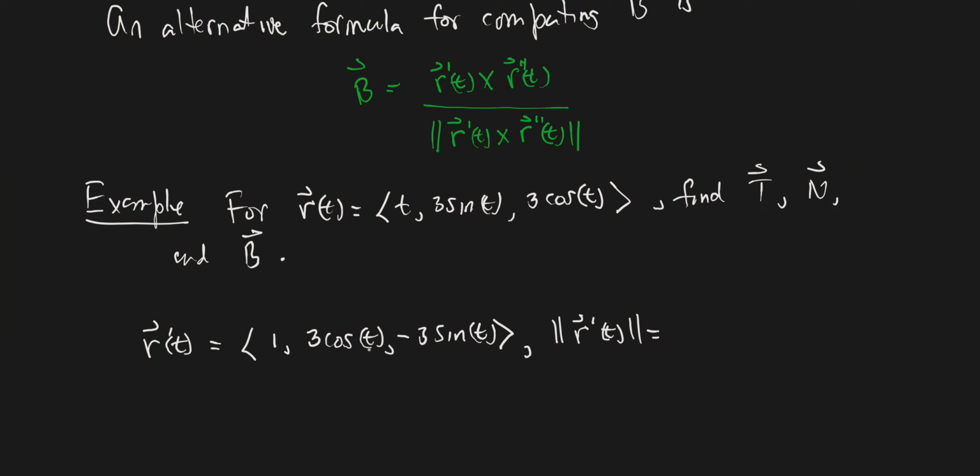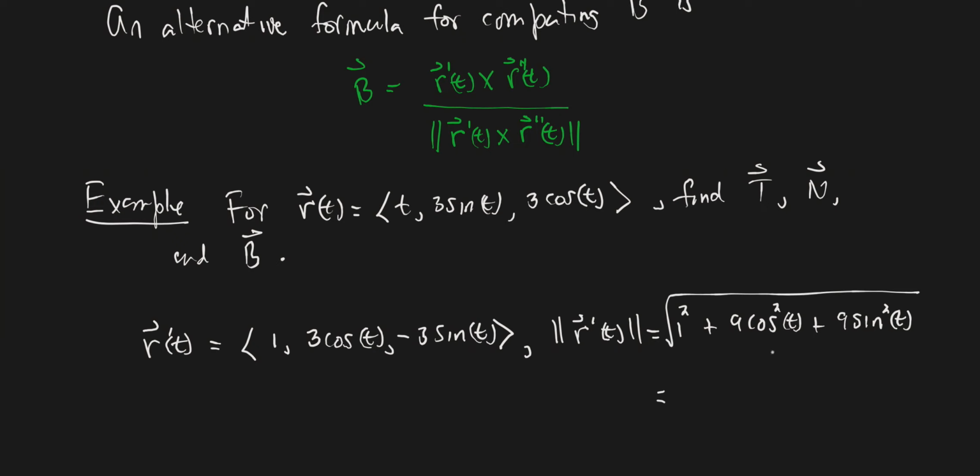So that's where we square each component. So we have 1 squared plus, now when I square 3 cosine t, I get 9 cosine squared t, plus when I square negative 3 sine t, I'll get 9 sine squared t, and then that's all under my square root.